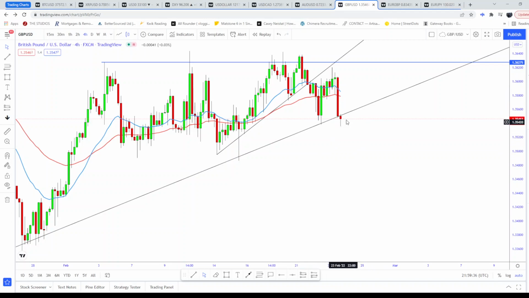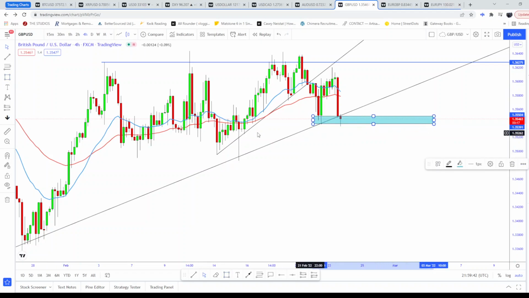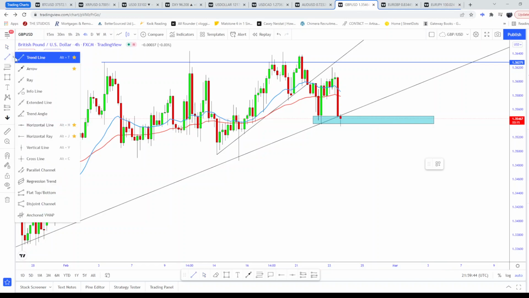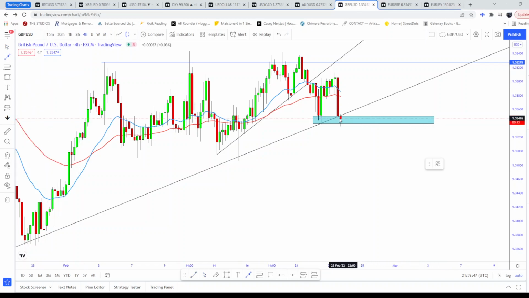I would say this was a break, so I'm actually looking to see if price action will test market structure, as I'll show you in a second. I see price action possibly coming down, retest off this area.